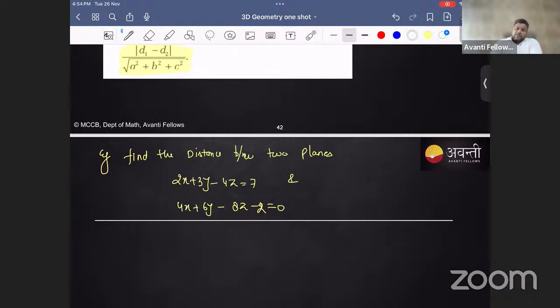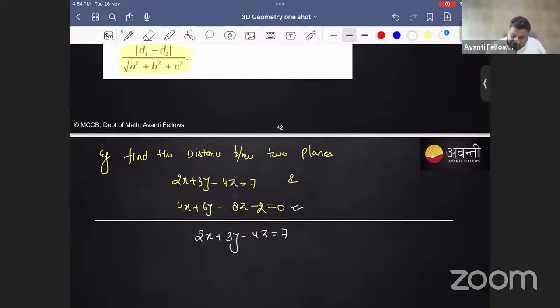Got it? So, first of all, make the ratio 1 to 1. So either multiply first plane by 2 or multiply the second plane by 1 by 2. So I do the otherwise. So it is 2x plus 3y minus 4z equals to 7.